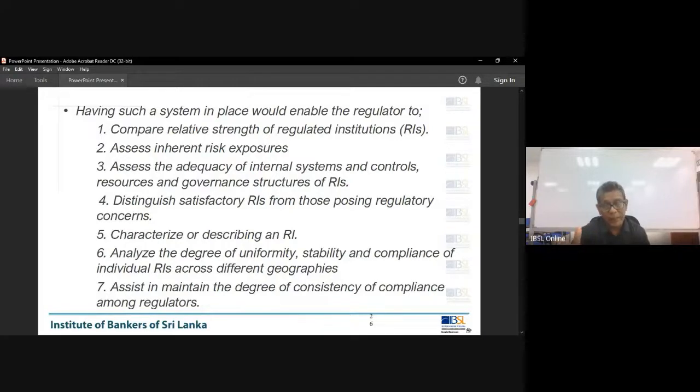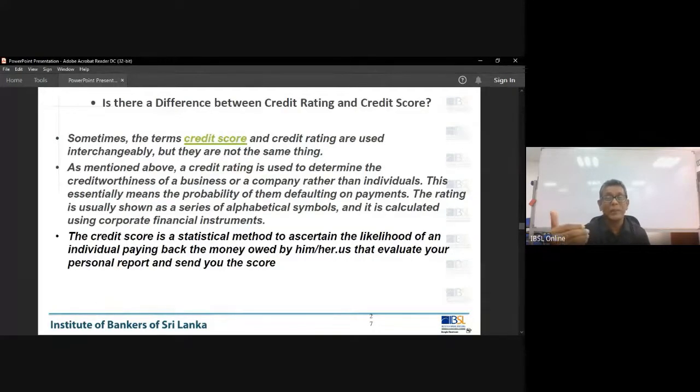Then an issue may come up: what is the difference between credit rating and credit scoring, right? Both are the same, right? Are these similar? Now, the credit score and the credit rating are most of the time used interchangeably, but definitely these are two different things, right? A credit rating is used to determine the creditworthiness of a business or a company, or sometimes an individual, right?